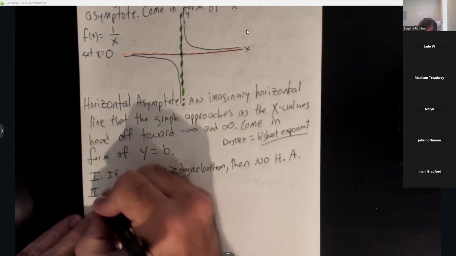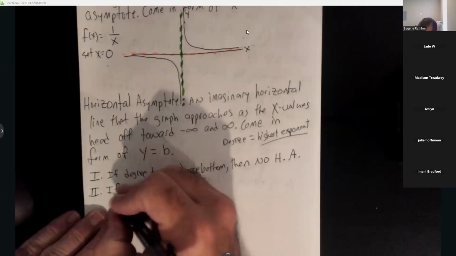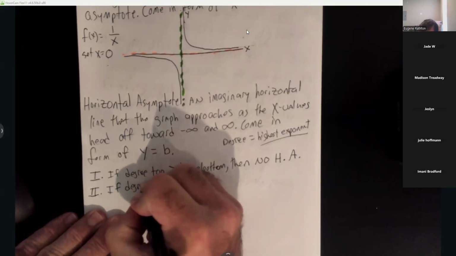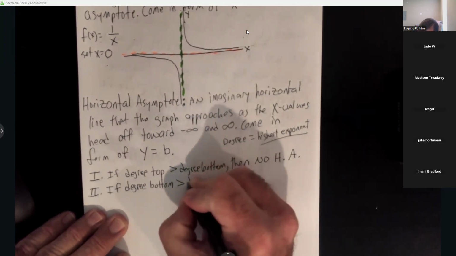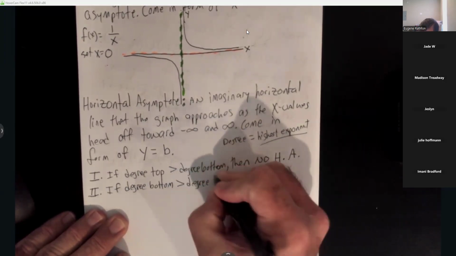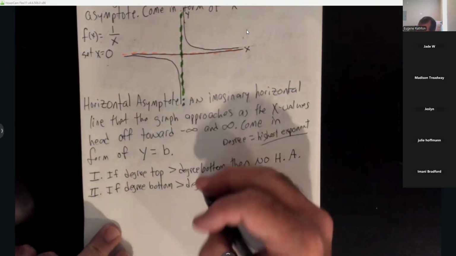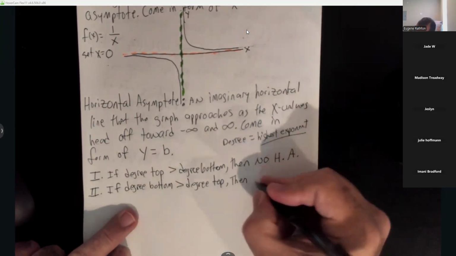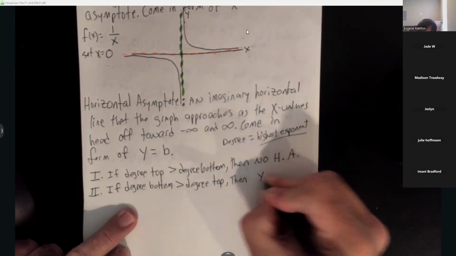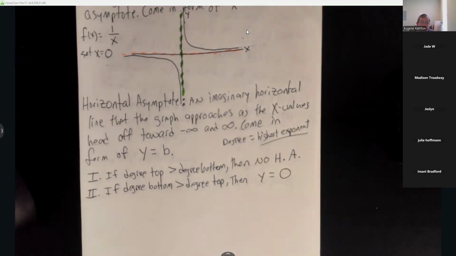Second case, if the degree of the bottom is greater than the degree on top. So if I got a bigger exponent in that denominator, then the horizontal asymptote is going to be y equals 0.